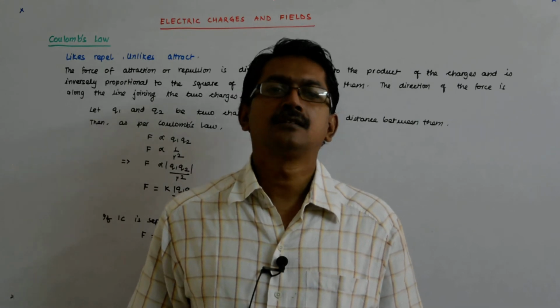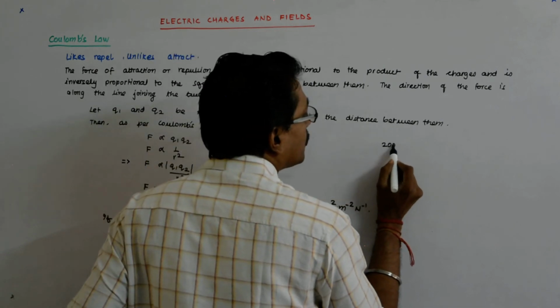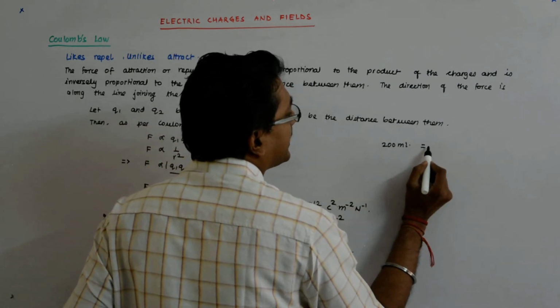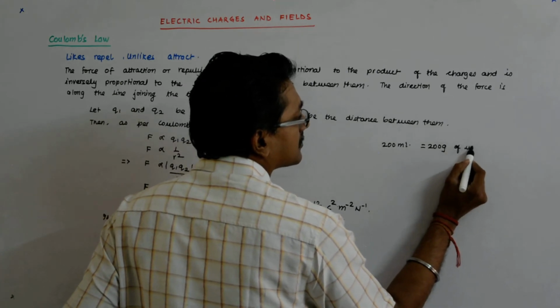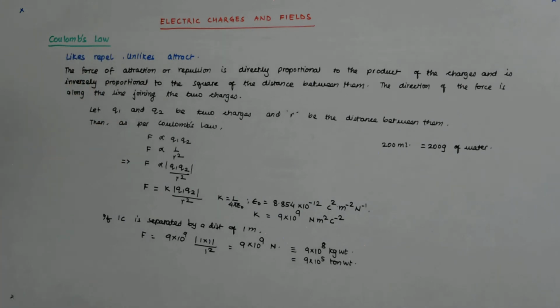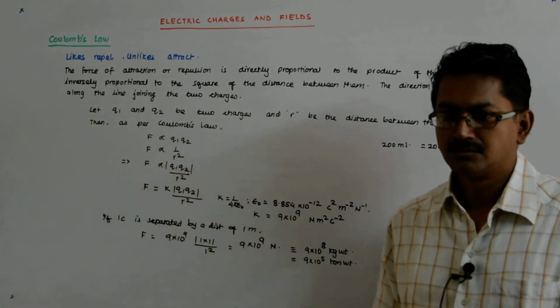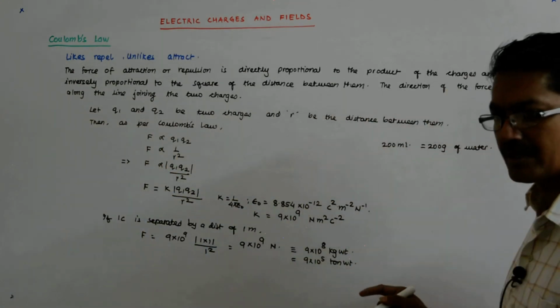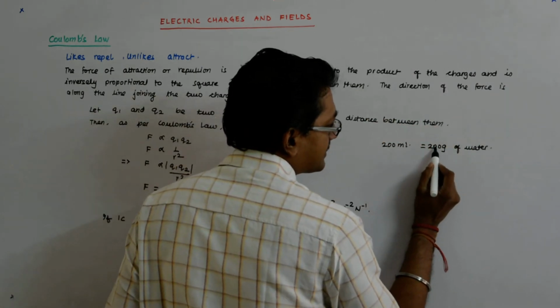Let us take 200 ml of water. 200 ml of water will be 200 grams of water. Is it not? 1 meter cube, 1000 liter is 1000 kg. Okay, so 200 grams. And how many moles of water is this?